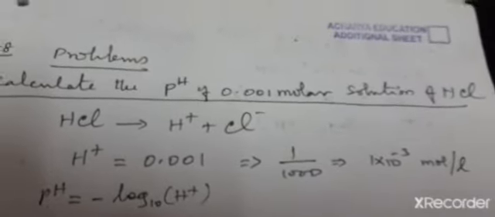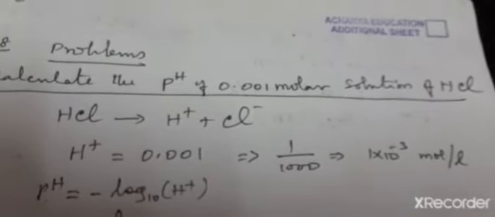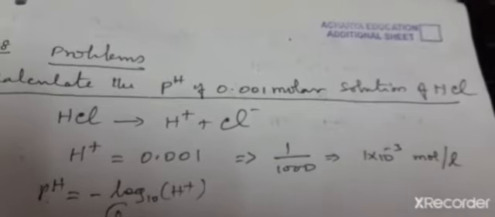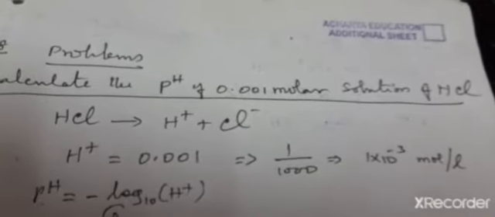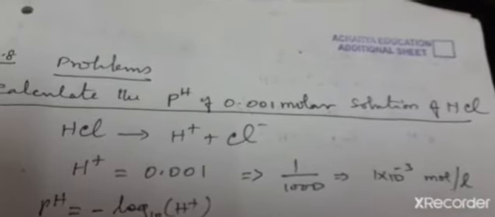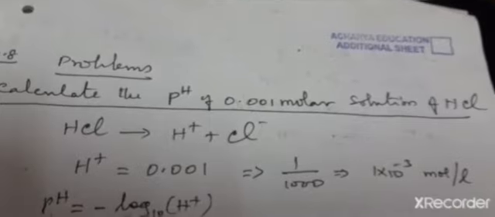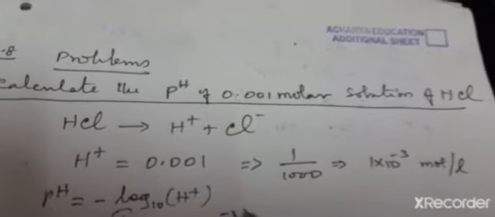So substitute the value in the same way: minus log 10 of 1 into 10 power minus 3.